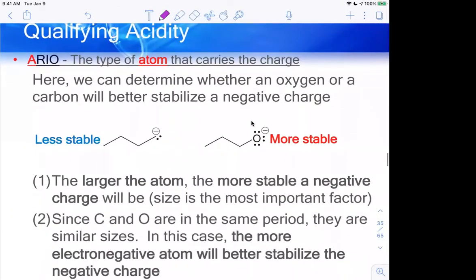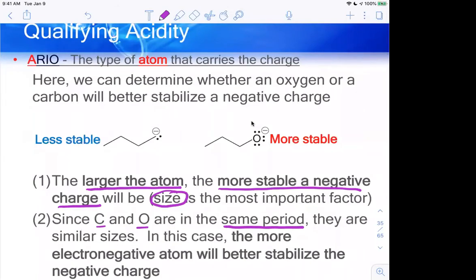So here's the rule. The larger the atom, the more stable a negative charge will be. Of these 1 and 2 principles here, size is the most important factor. Here's the other thing. Carbon and oxygen are in the same period.